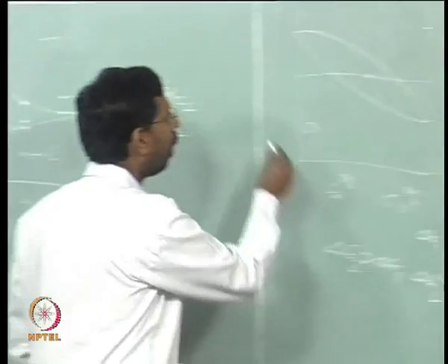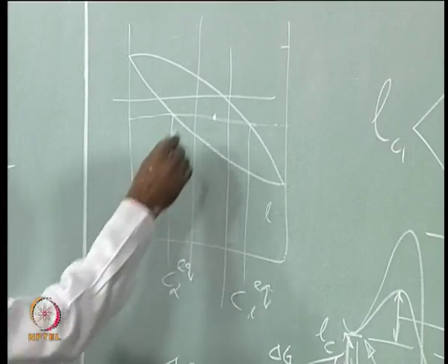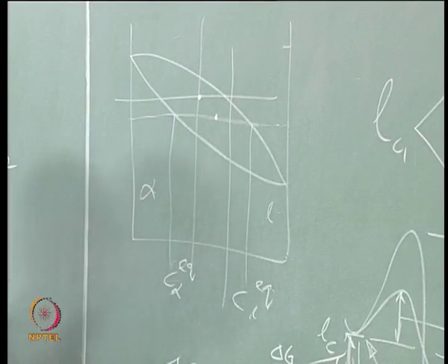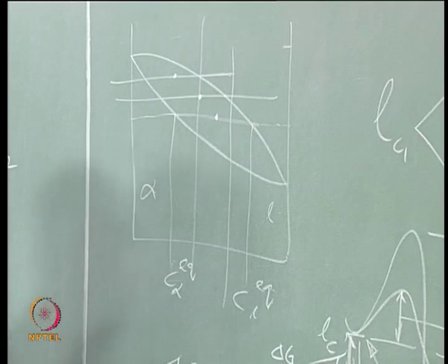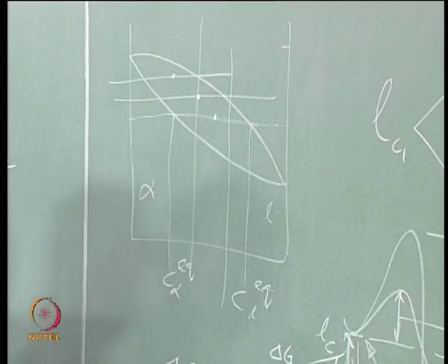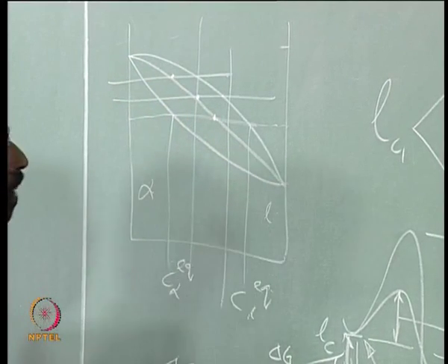For example, if I draw a free energy composition diagram at some other temperature like this, I can get another composition which will again be between these 2 points. If I draw at some other temperature, I will again get one more composition between those 2 points. Like that, if I get and join all of them, I will get a line like this.